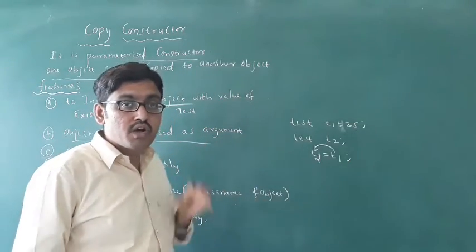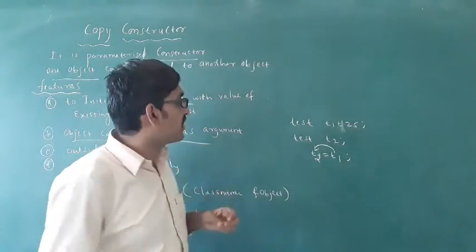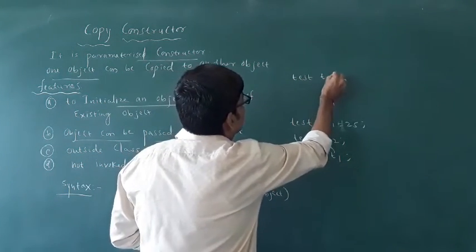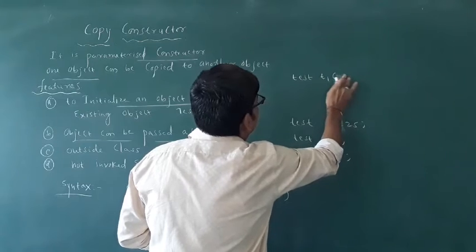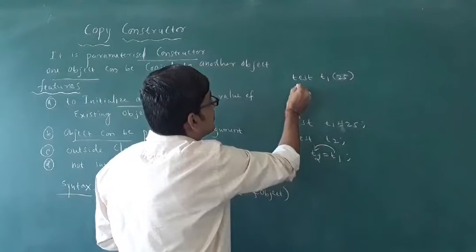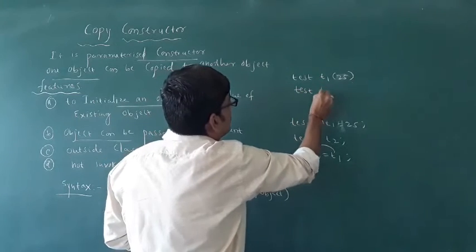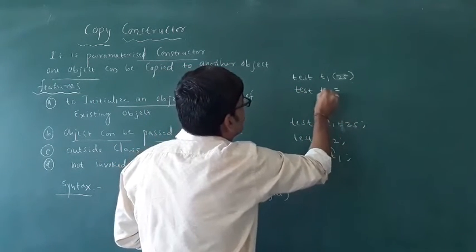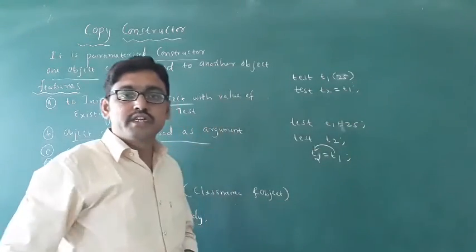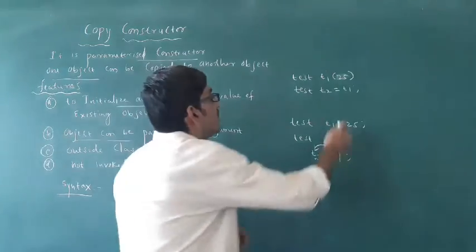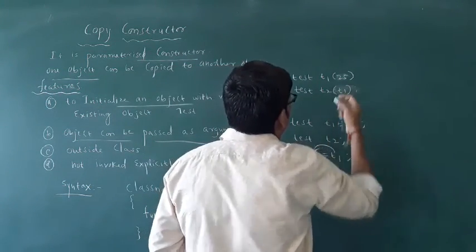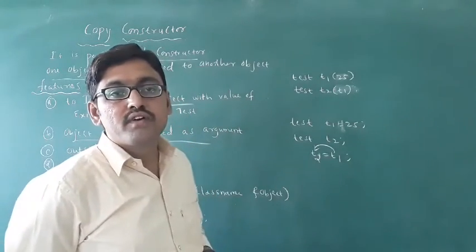For example, if you write text t1, its value is 25. I want to copy this. I am writing text t2 equal to t1, or I am writing here t2 of t1.